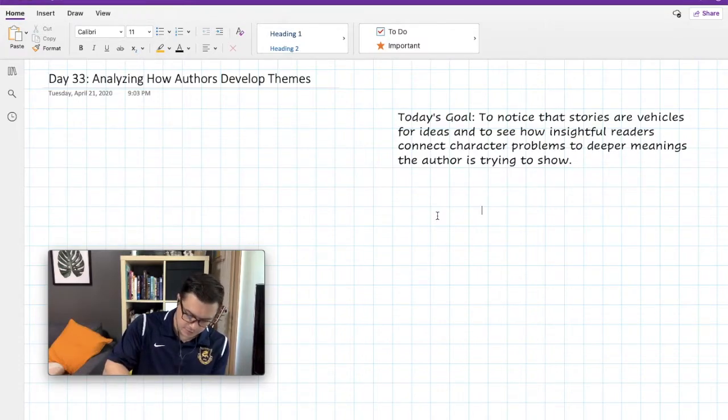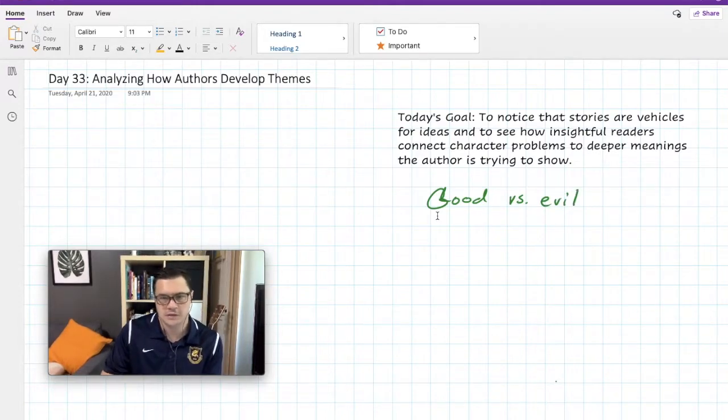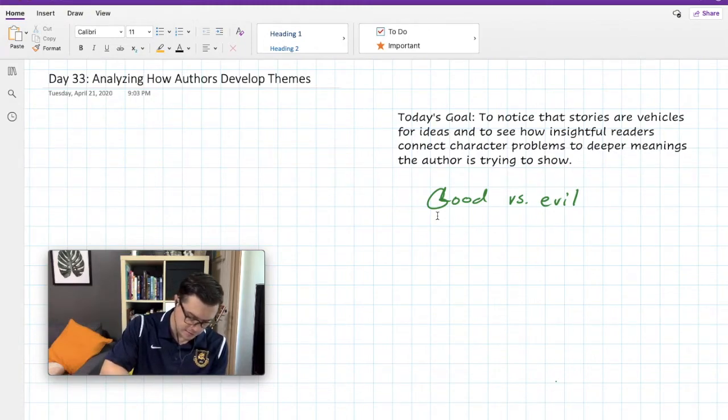So first I'm going to write good versus evil. We see this. The one that jumps out to me is Star Wars or Lord of the Rings. It's a clear good versus evil idea going on there. Another one could be a hero's quest for knowledge or power.